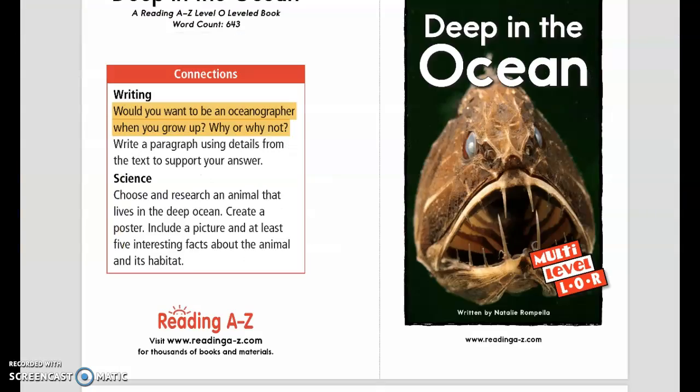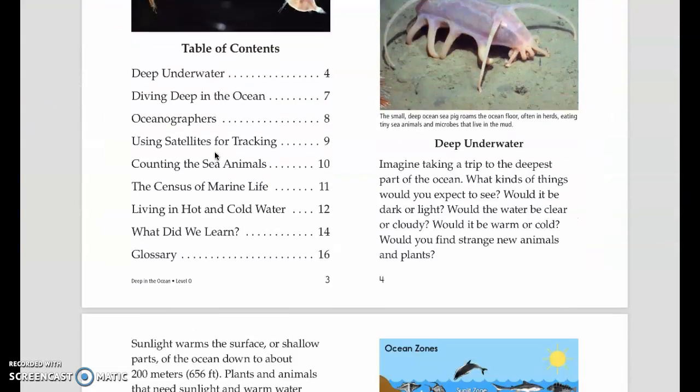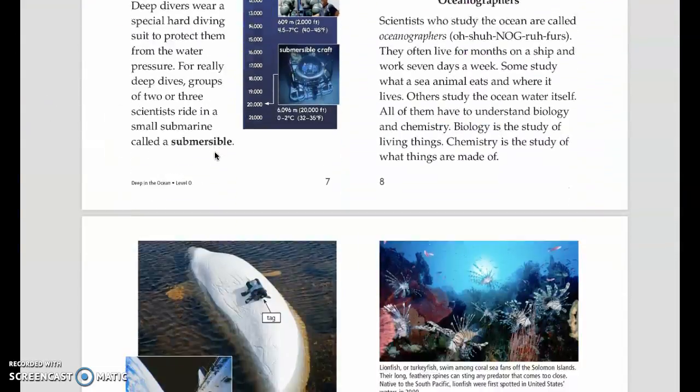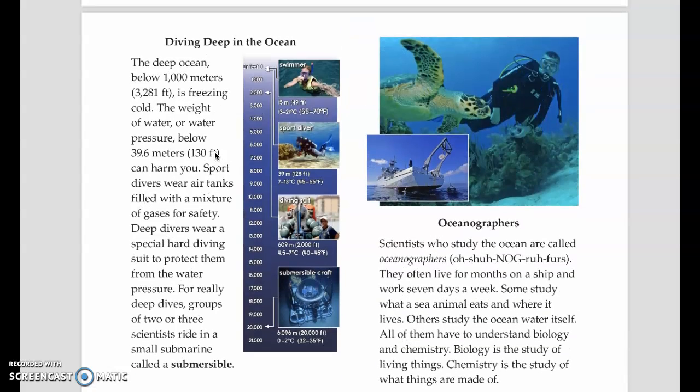So I'm going to go back into the text, and while I was reading, one thing that jumped out at me was that when you're an oceanographer, you have to dive deep sometimes. And if I read this section to you again, the deep ocean below 1,000 meters is freezing cold.